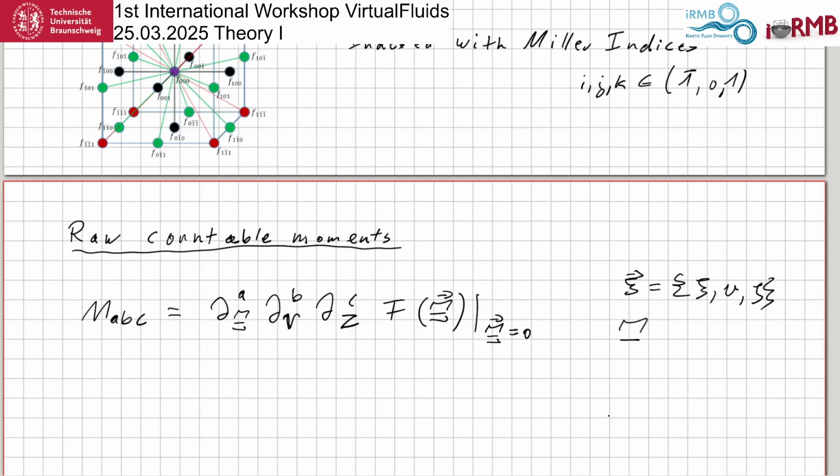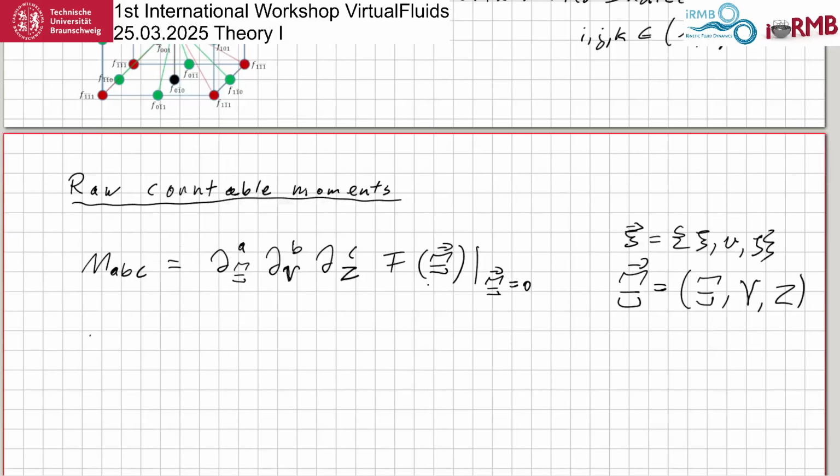So this capital Xi is composed of Xi, Upsilon, and Zeta. And this f is obtained by a bidirectional Laplace transform. You can also take it from a Fourier transform. This is doing the same thing.